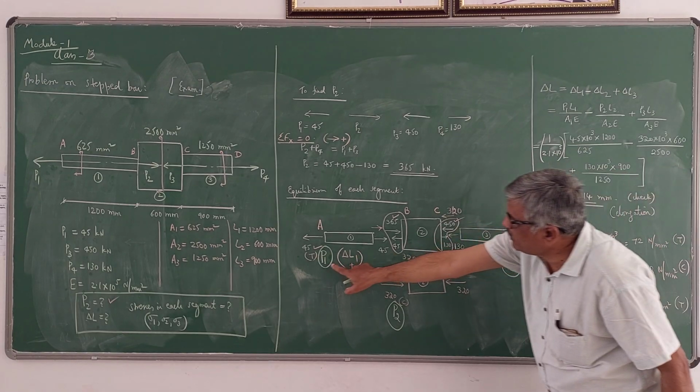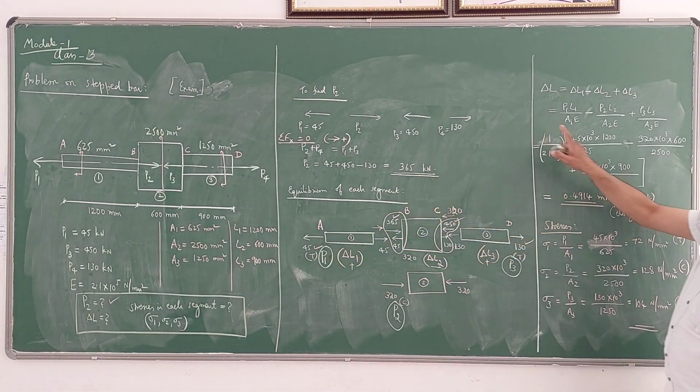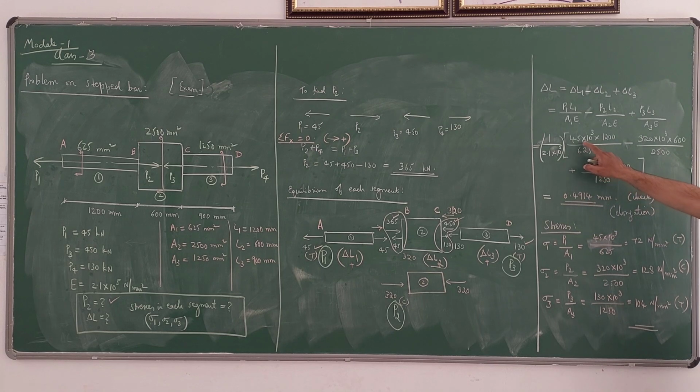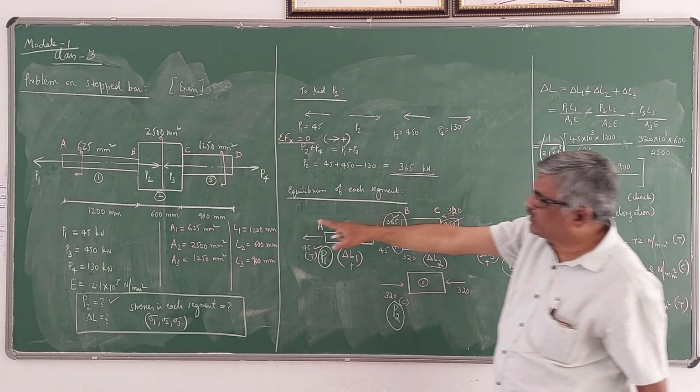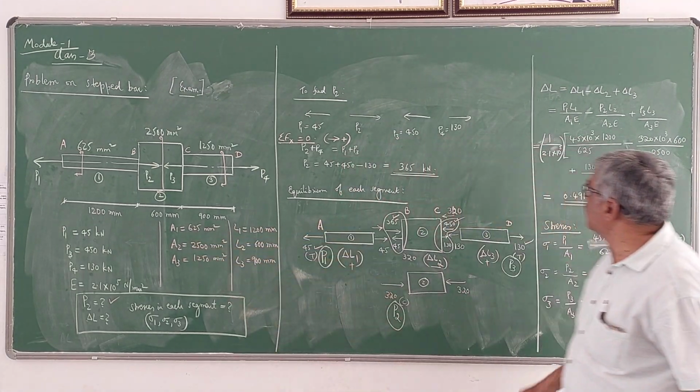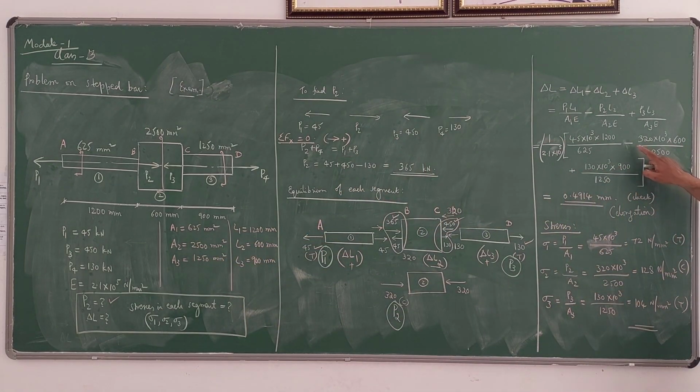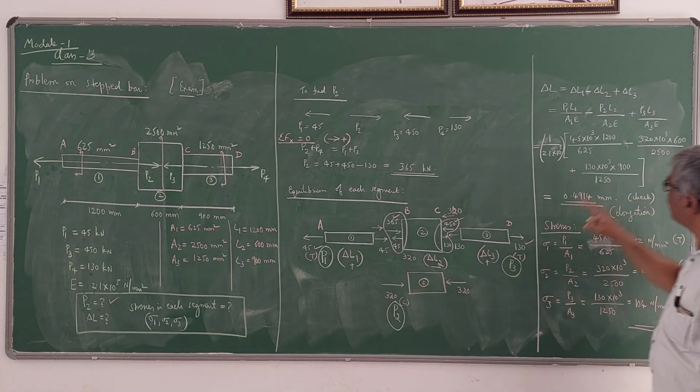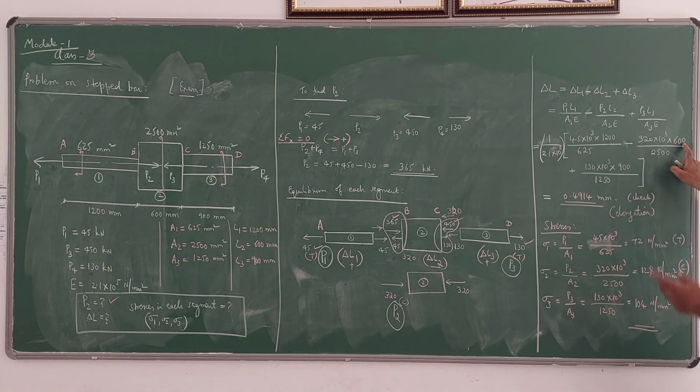P1 is 45 into 10 cube, that is kilonewton converted to Newton, into length of the first portion 1200 mm, divided by area 625 millimeter square. Then minus, for the second portion because it is contraction, compressive force, 320 into 10 power 3 into length 600 divided by 2500 is the area, plus 130 into 10 power 3, that is 130 kilonewton, into 900 mm length divided by 1250 is the area.